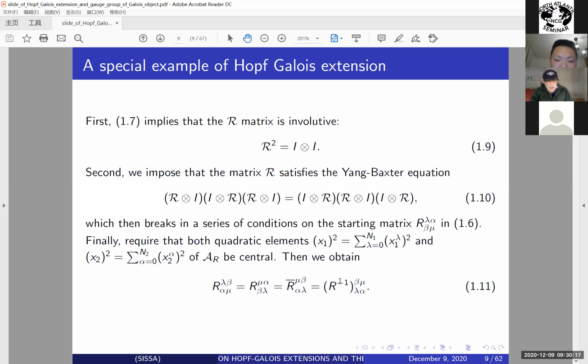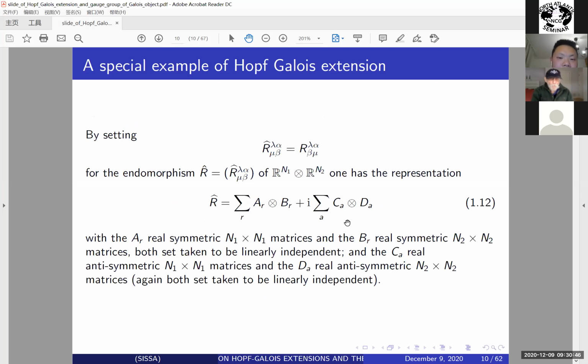And finally, we can obtain some symmetric condition on R by exchange of index. For example, in 1.11, we can see by exchange of index, R lambda beta alpha mu is equal to R mu alpha beta lambda, and similar for the complex conjugate and R inverse, by exchange of index.